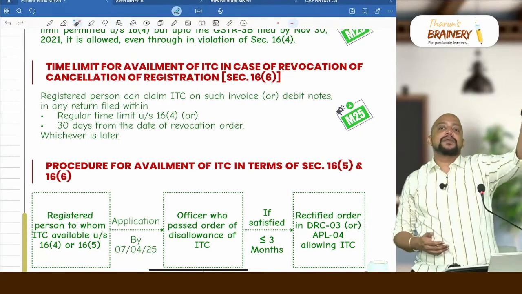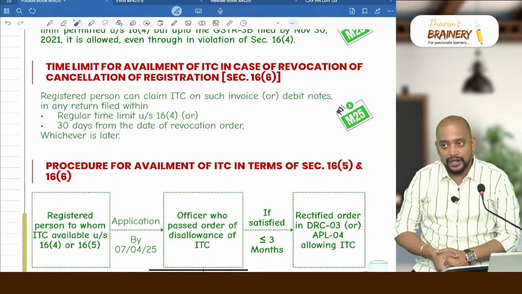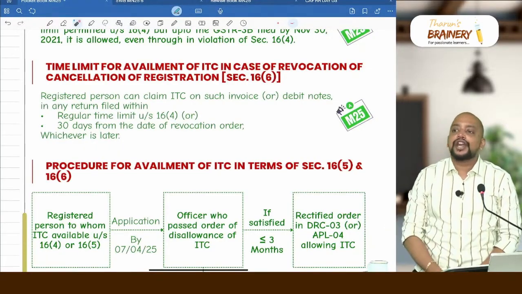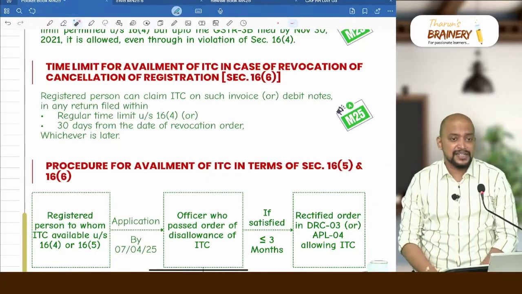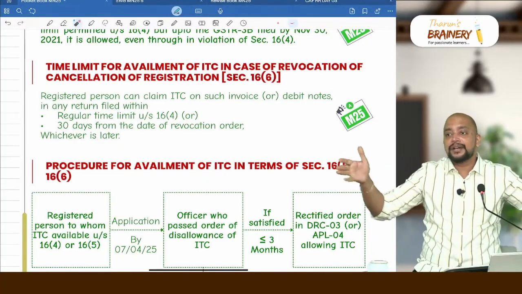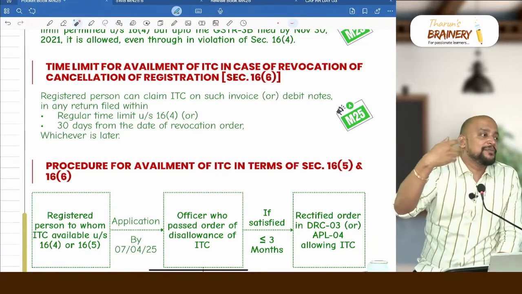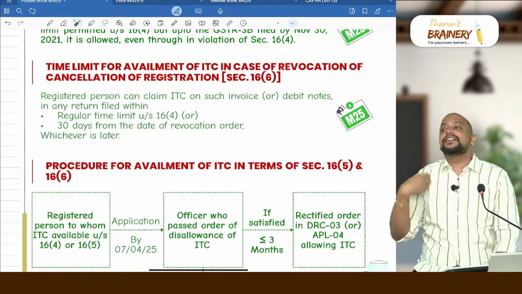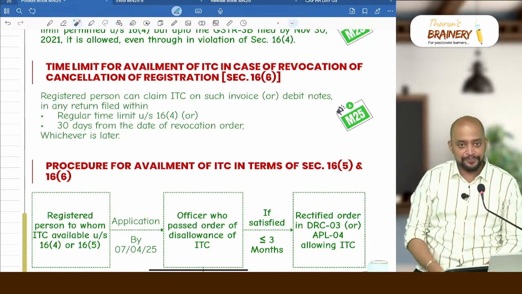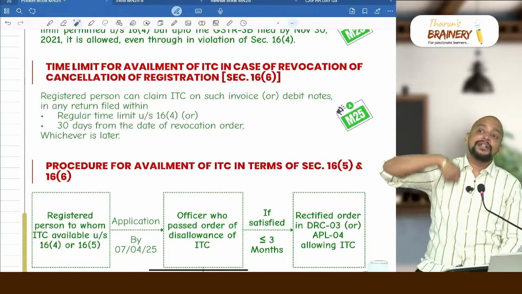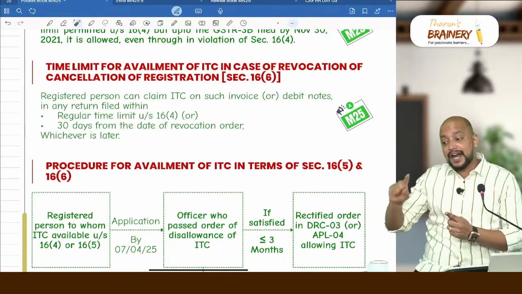Say for example, on September 1st they gave the cancellation order, and I made the revocation application and they gave the revocation order on December 31st. In this period from September to December I cannot file the return, and November 30 is over, so the time limit for availment of ITC got expired. In that case I could not take ITC. Now what they are telling is that it's okay even if November 30th got expired, but they have added one more point.